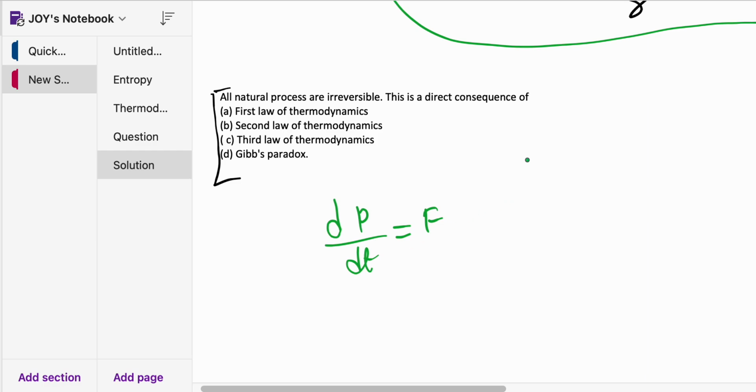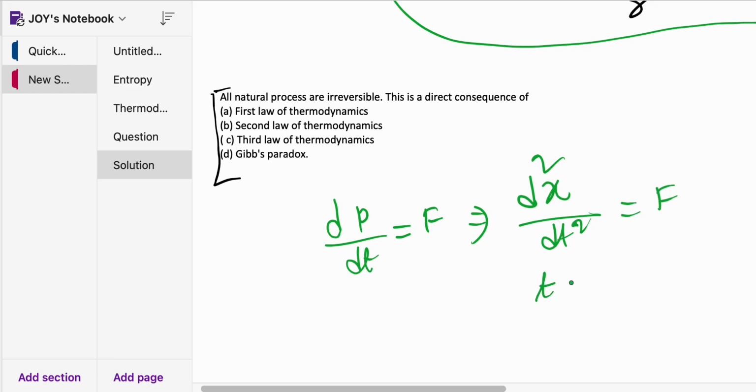Let's see, if I put t going to minus t, then dp will be... okay, no, it's not this. Let me redo it. Here d2x/dt2, where x is the position, is actually f.